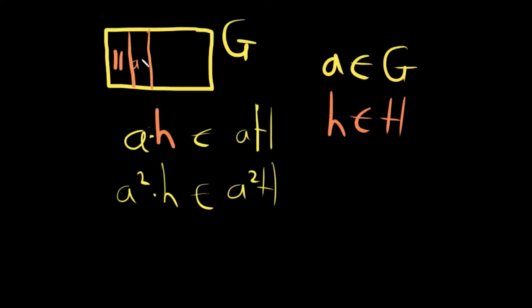So this would be the coset AH and the coset A squared H, etc.